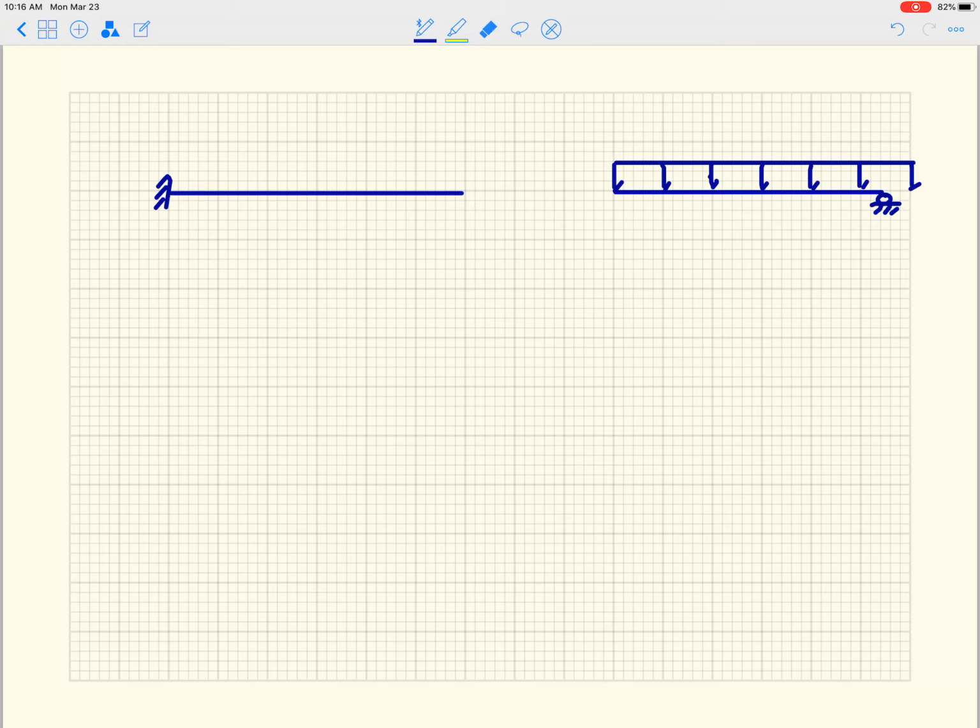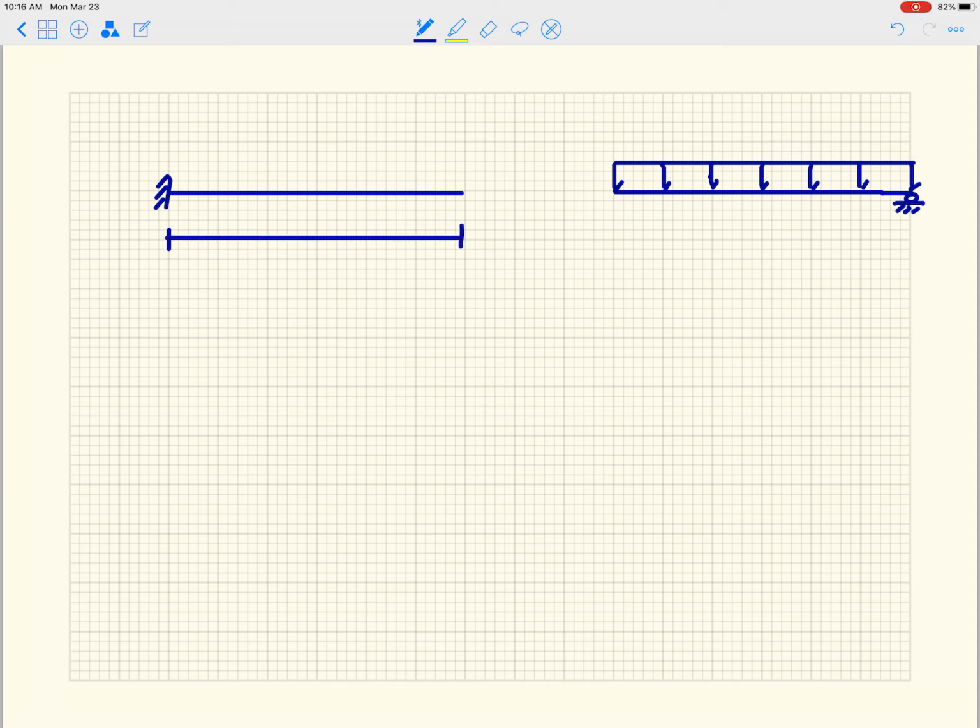The first thing we're going to do is break it up at the hinge. So we have a beam about like that, and another about like that. This one is my support, my support is here, and this is my distributed load. I'm going to extend this a little, like that.